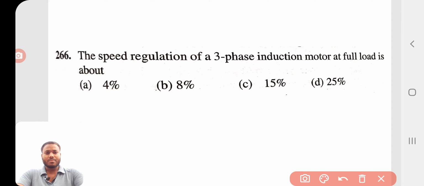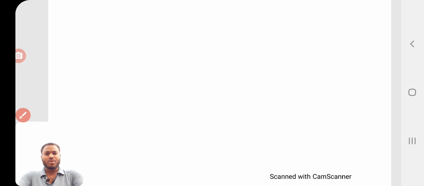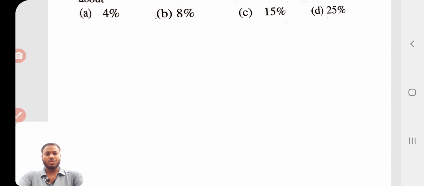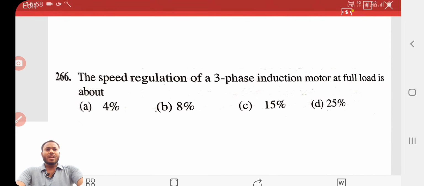Not exactly, but around 4%, here the right answer will be A, because it is given as 4%, maybe 3 to 4% is the regulation of an induction motor. So, friends, here we have completed 10 important MCQ questions.